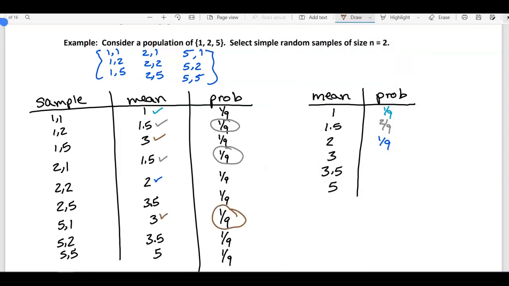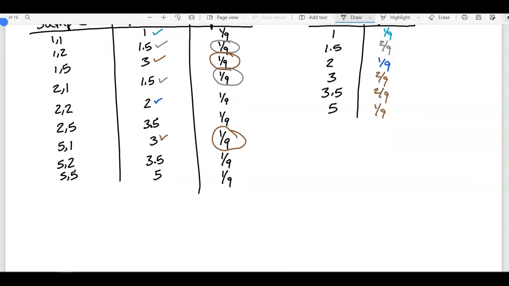So adding those probabilities together, 2/9. The 3.5 happens twice. So that probability is 2/9. And the 5 happened one time. So that probability is 1/9. So we can create a discrete distribution there. So we're asking, does the sample mean target the population mean?